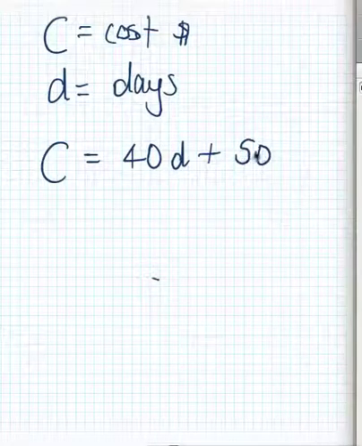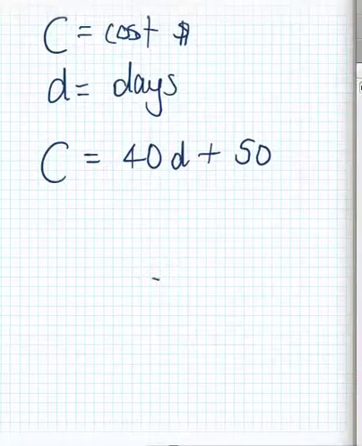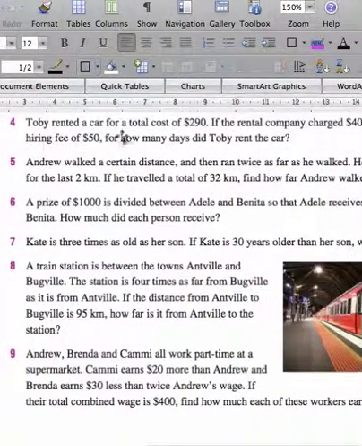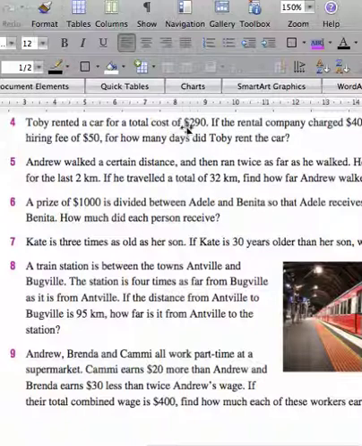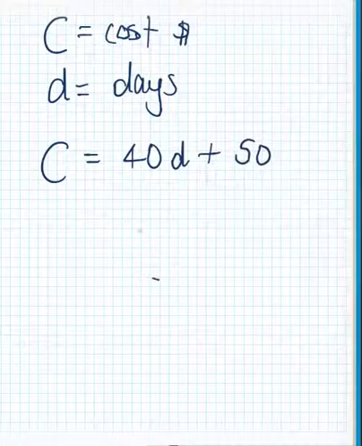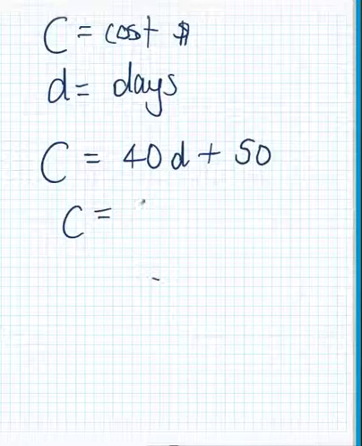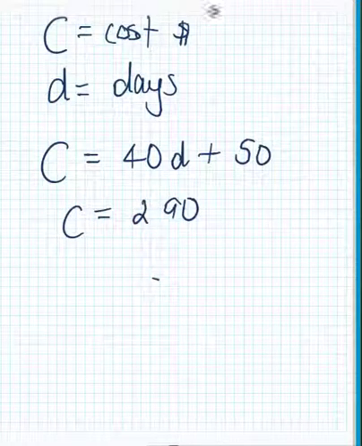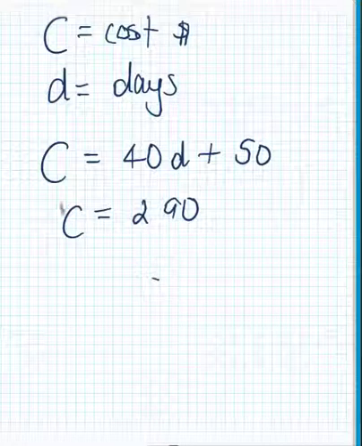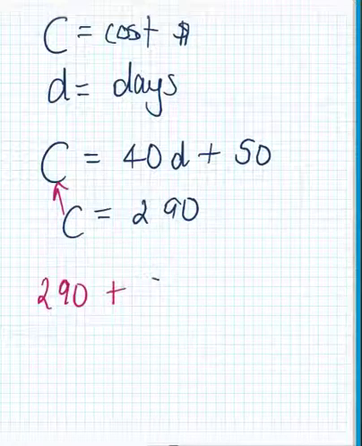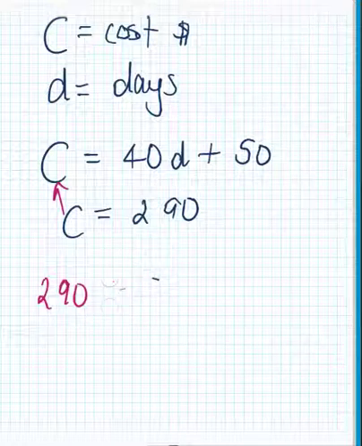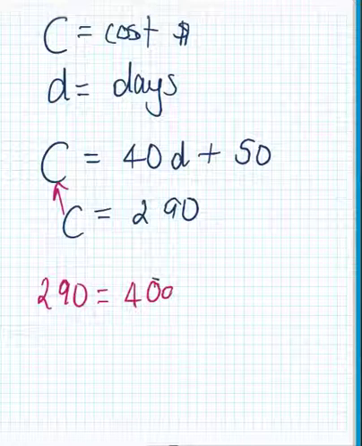And now, using this equation, we're going to answer the actual question, which says, for how many days did Toby rent the car if he paid a total cost of $290? Easy. So C is a total cost of $290. We'll place it into the equation. So there's C. So we end up with 290 equals 40D plus 50.